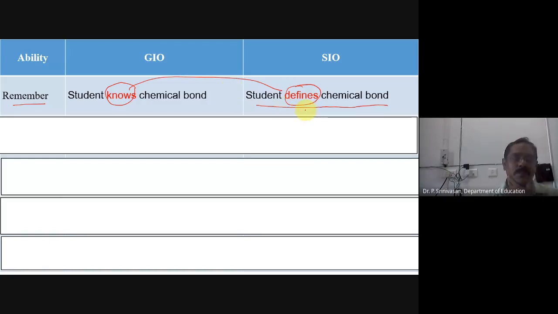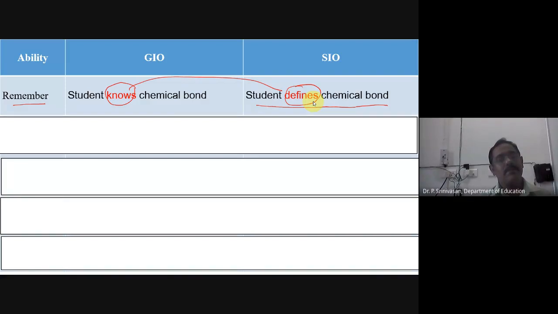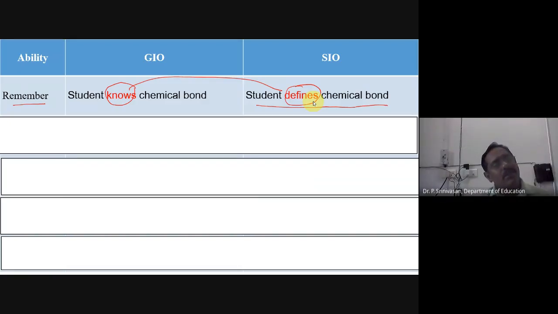I think you have understood. Sir, can we use the term knows in all GIOs, or only under the domain of remembering? You can use remember also. Student remembers chemical bond is also a GIO.